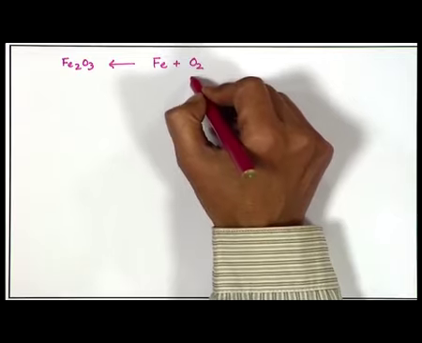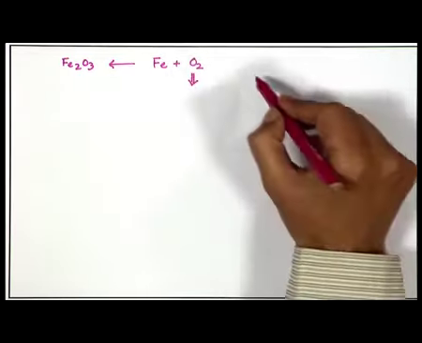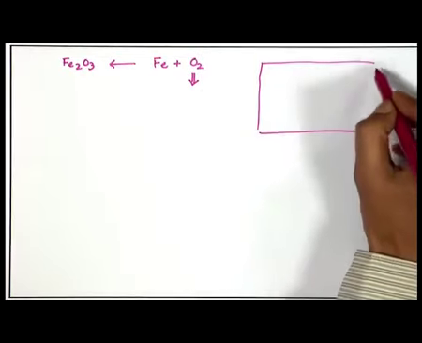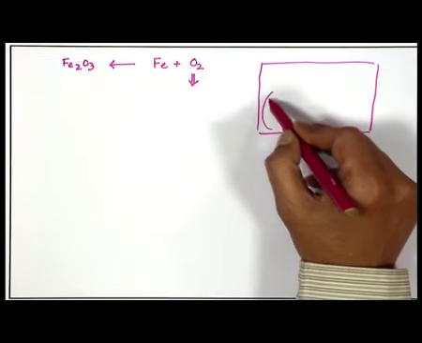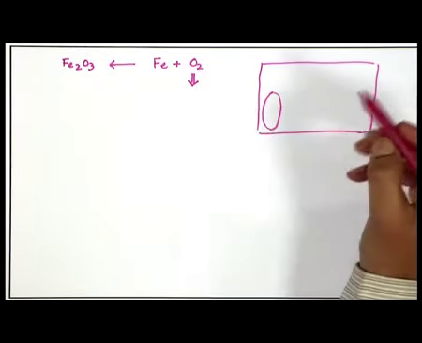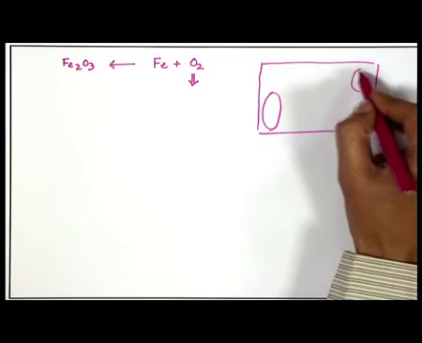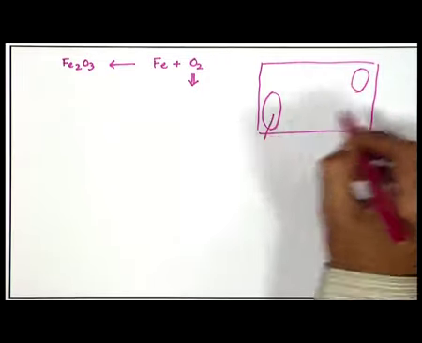So, what type of addition is this? If we go into the periodic table and recall a little bit, on the left hand side or the lower part we have the electropositive elements, and on the upper right hand side we have the electronegative elements.